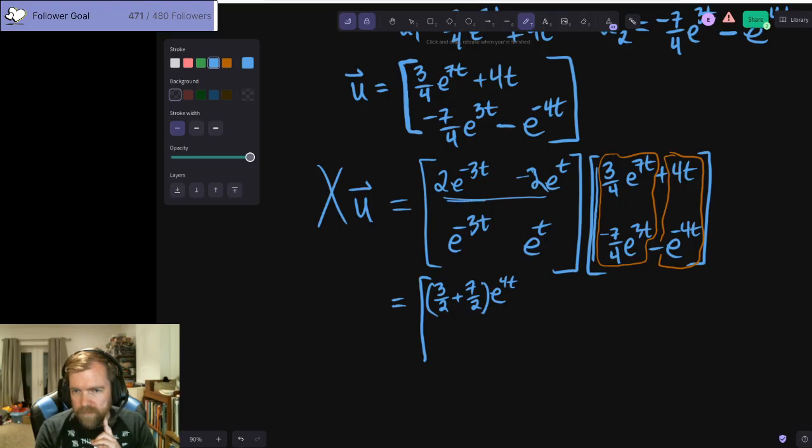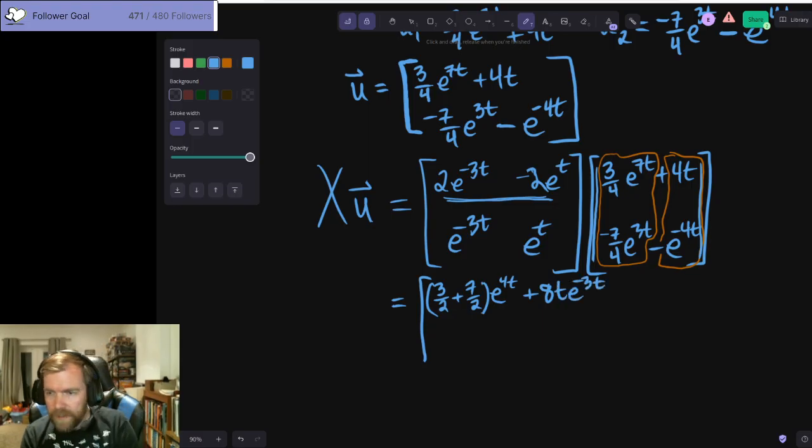And then first row, second half of the second column ends up being a plus 8t e to the negative 3t. And bottom one is a positive 2 e to the negative 3t.